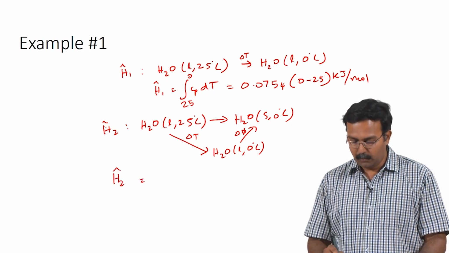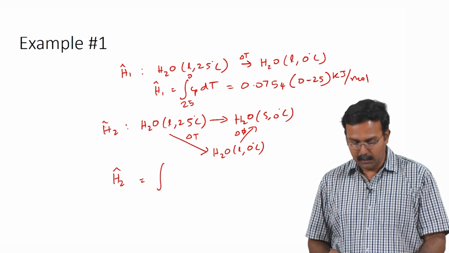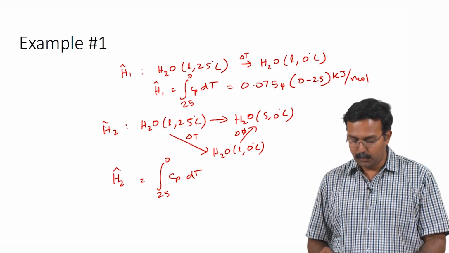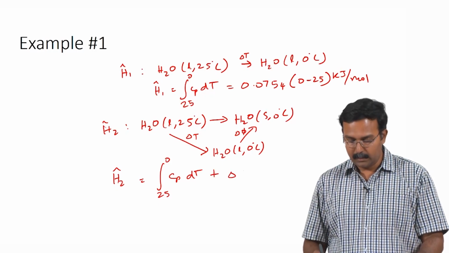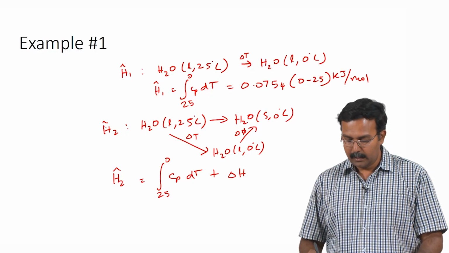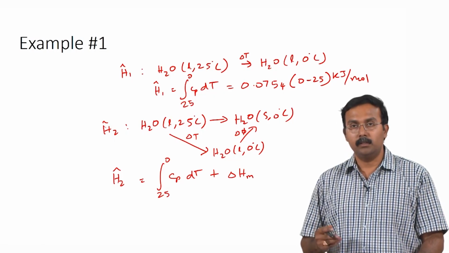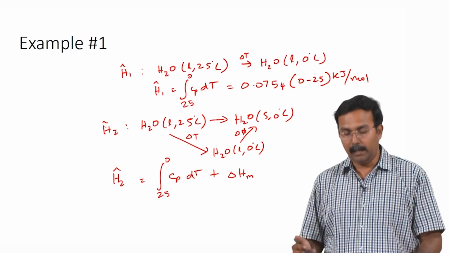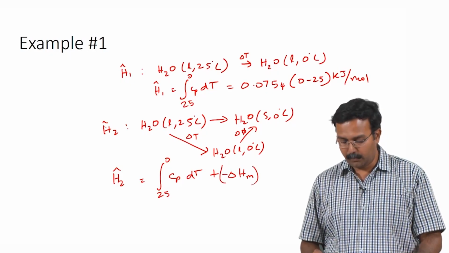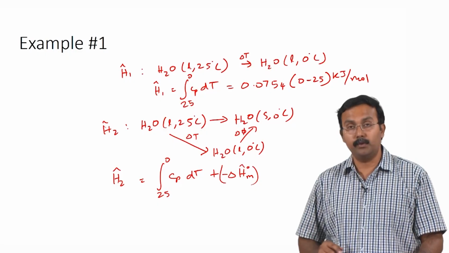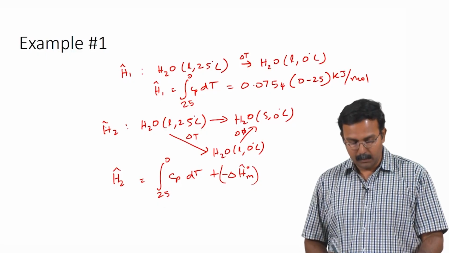H2 cap would be, for the first step, integral Cp dt from 25 to 0 plus delta heat of fusion, but here it is the solidification, not melting. So, you would have the negative of it. So, you can use the standard heat of fusion and get this value.